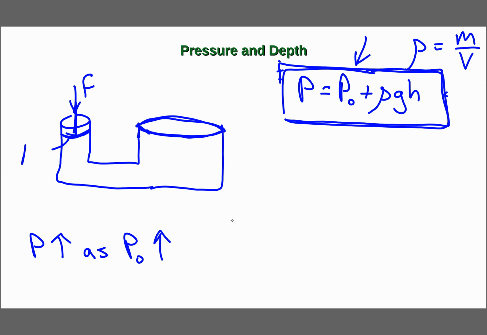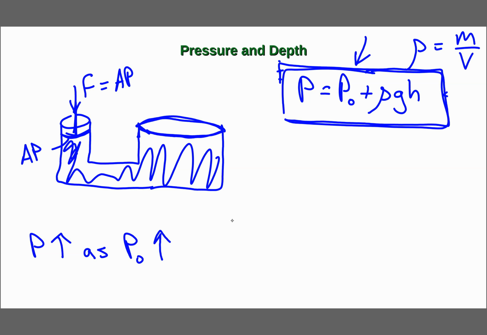This thing has some area, and this force equals the area times the pressure, right? And then the pressure increases everywhere in here, right? All of the fluid has an increase in pressure. And so the pressure on this surface right here is equal to the pressure on this surface right here, right? We'll call this one surface 1.